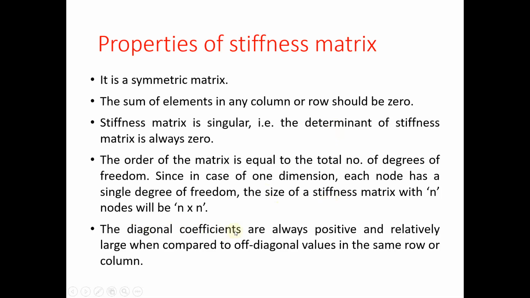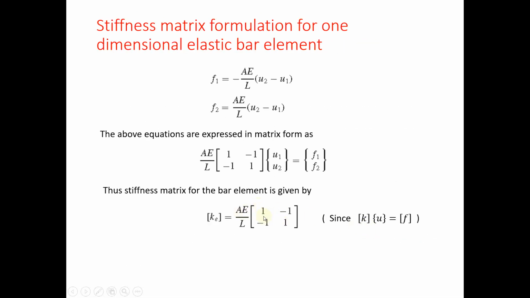The diagonal coefficients are always positive and relatively large when compared to off diagonal values in the same row or column. അപ്പം റോ നോക്കുകയാണെങ്കിൽ നമ്മൾ ഡയഗണൽ എലിമെന്റ്സ് 1 minus 1. So 1 minus 1, they are positive values and they are greater than the other values minus 1. ഇപ്പോൾ വലിയ മെട്രിസസ് വരുമ്പോഴും വലിയ ഓർഡറിലുള്ള മെട്രിസസ് വരുമ്പോഴും ഇതേ പ്രോപ്പർട്ടീസ് നമുക്ക് കാണാനായിട്ട് പറ്റും. ഡയഗണൽ വാല്യൂസ് എപ്പോഴും പോസിറ്റീവ് ആയിരിക്കും ആൻഡ് they will be larger when compared to the non-diagonal values.